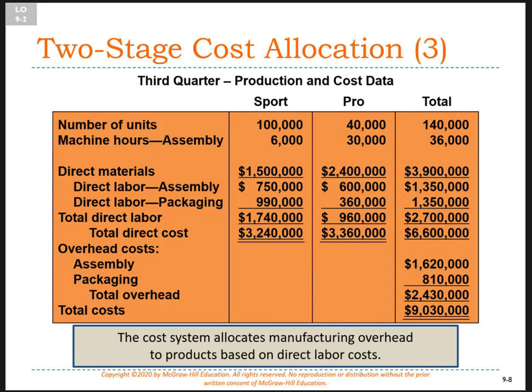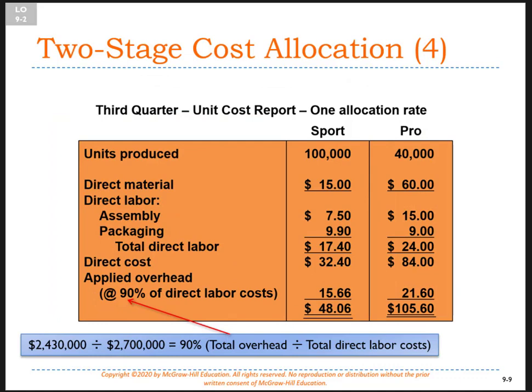Now, if we were to do this entirely based on direct labor costs, okay, so we just treat it the traditional way, we're going to take the total overhead and allocate it using the total direct labor cost. So that's here on this next slide. Where's the calculation?